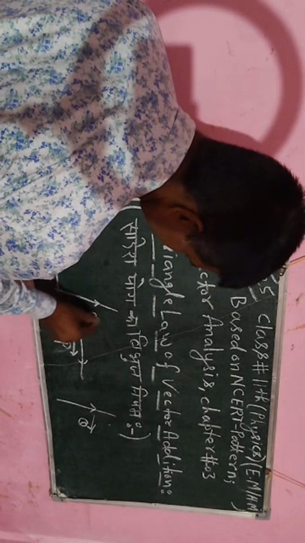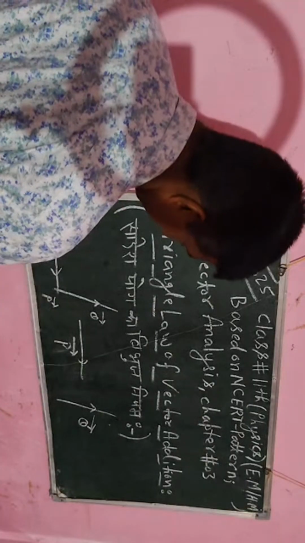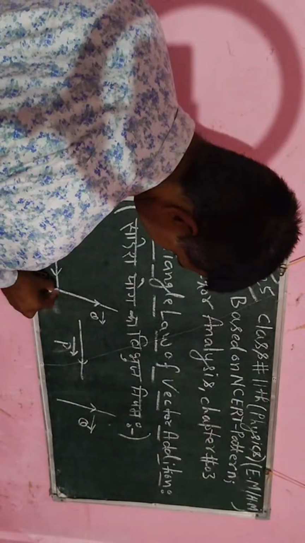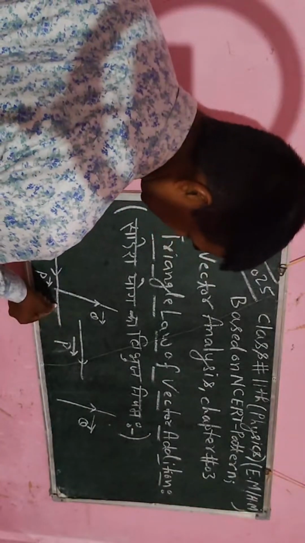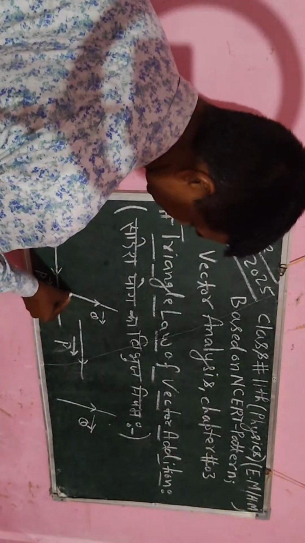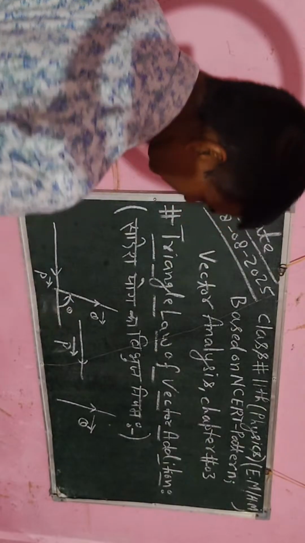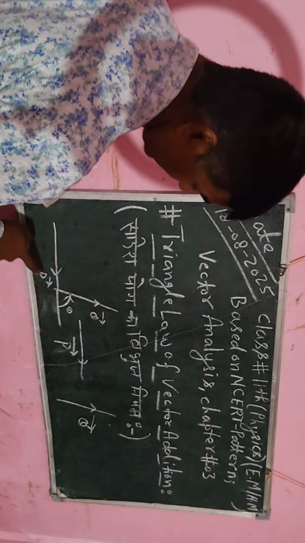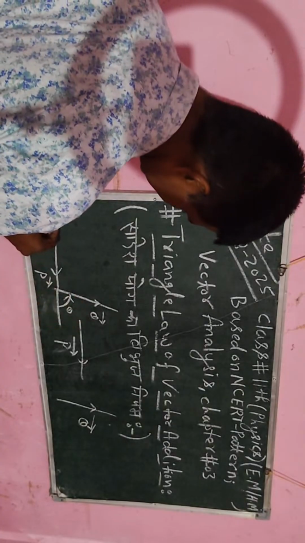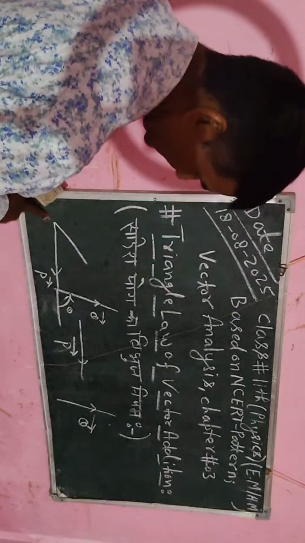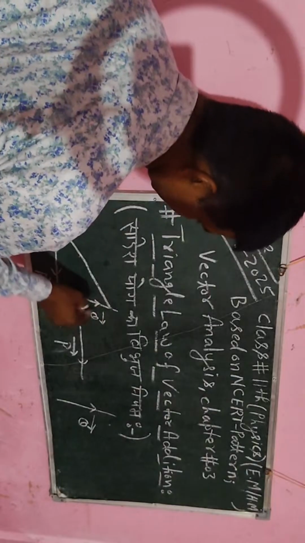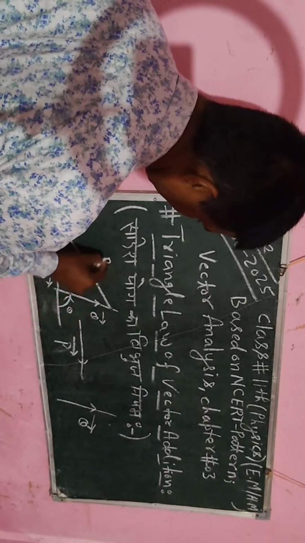This vector I will call Q, and then I will extend the vector P along this. I will say this is along the x-axis, so from the x-axis this angle will be theta. Okay. Now the sum of vectors P and Q will be the vector R. I will take the tail of vector P, and it will meet at the vector Q. So this vector will be R.